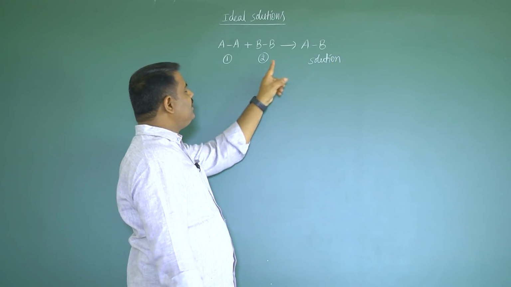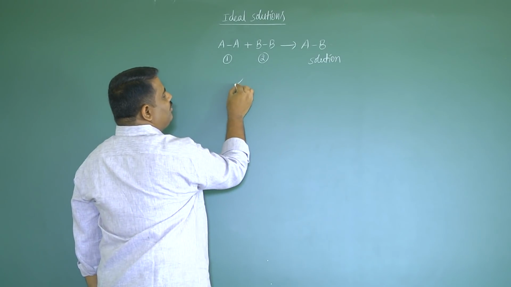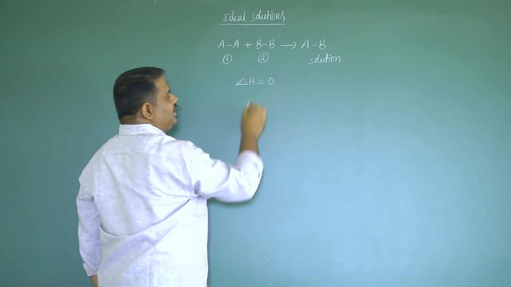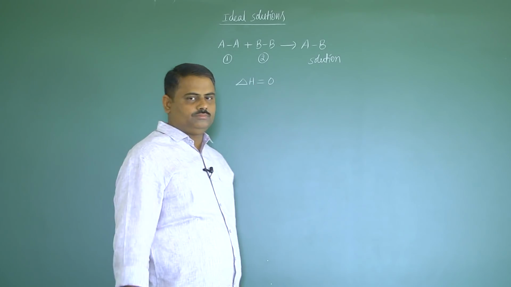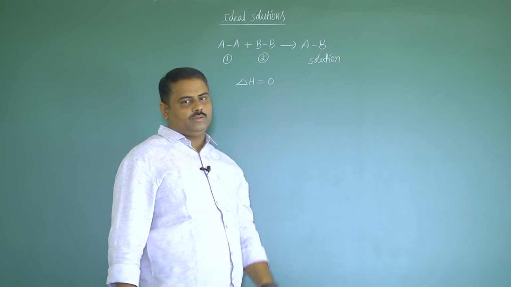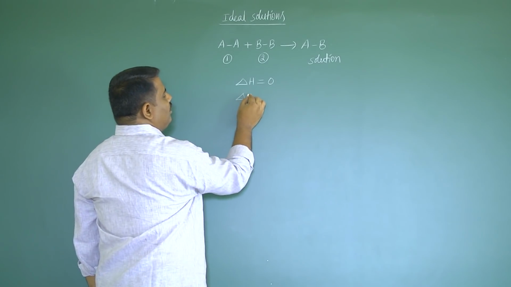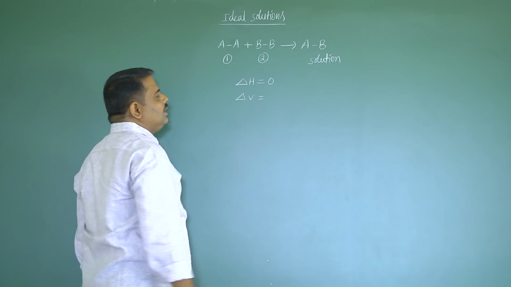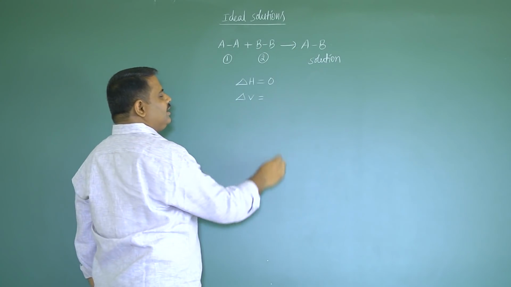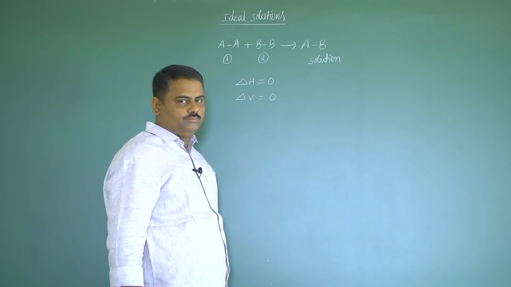If this is the case, then there is no need of any type of energy here. That means change in enthalpy is 0, because the types of interactions are similar here. Now what about change in volume? Here the types of interactions are similar, that is why change in volume is also equal to 0.